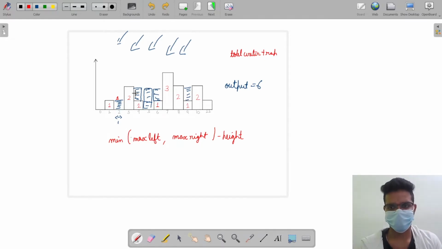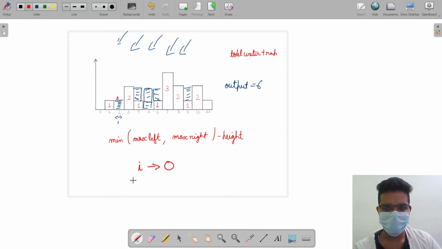And how will I calculate my max left? If I am at a point, let's say I am at ninth index, I will traverse till 0 to calculate my max left, and same for max right, I will traverse till the last, till n minus 1.